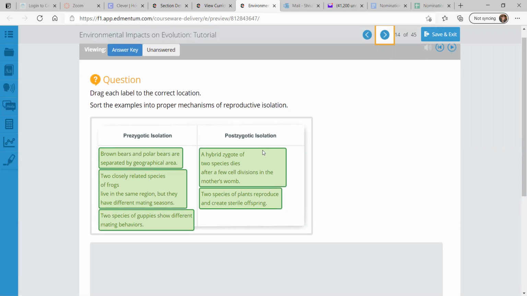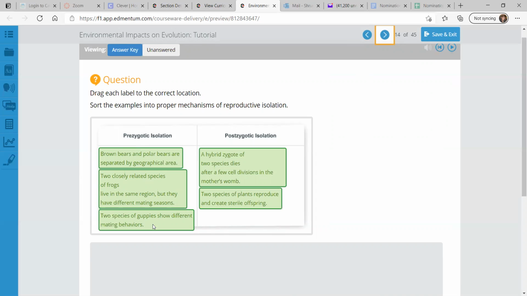So we have these examples, and we put them in either the prezygotic isolation or the post-zygotic isolation category. In the prezygotic, this is before egg fertilization, brown bears and polar bears are separated by geographical area. Two closely related species of frogs live in the same region, but they have different mating seasons. Two species of guppies show different mating behaviors.